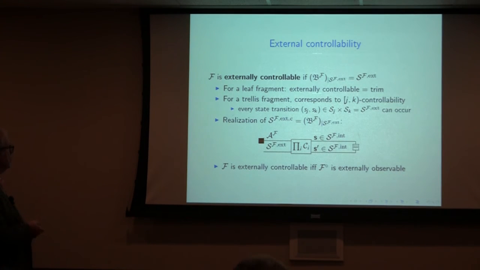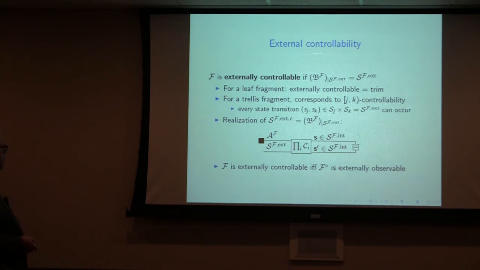All right, so external controllability, corresponding to the first of those definitions, is if the projection of B onto the external behavior is surjective, if all possible external state configurations can occur.